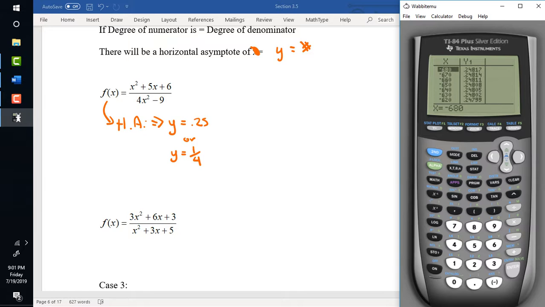Okay, let me graph the second one right here.